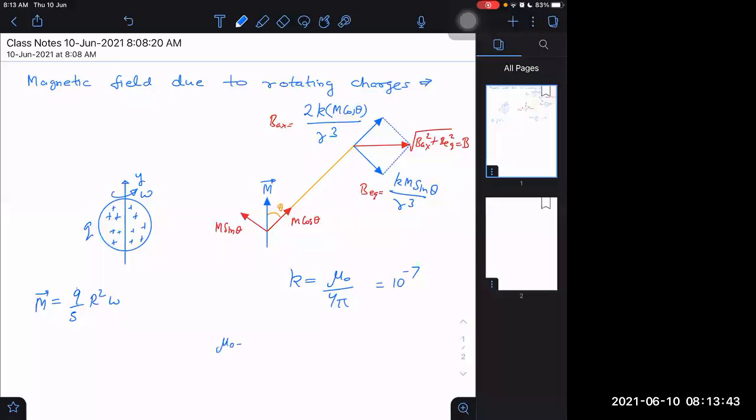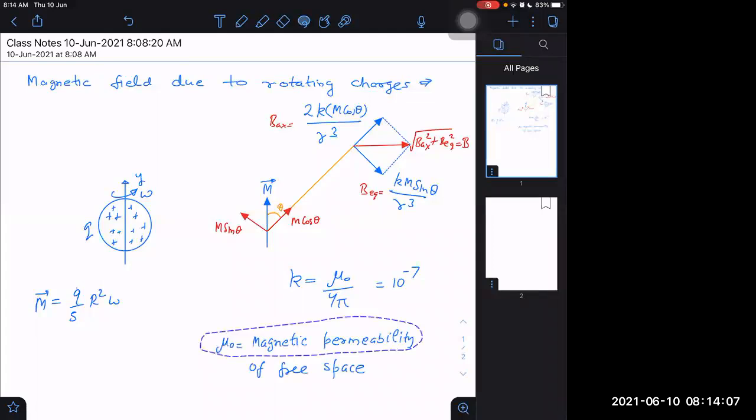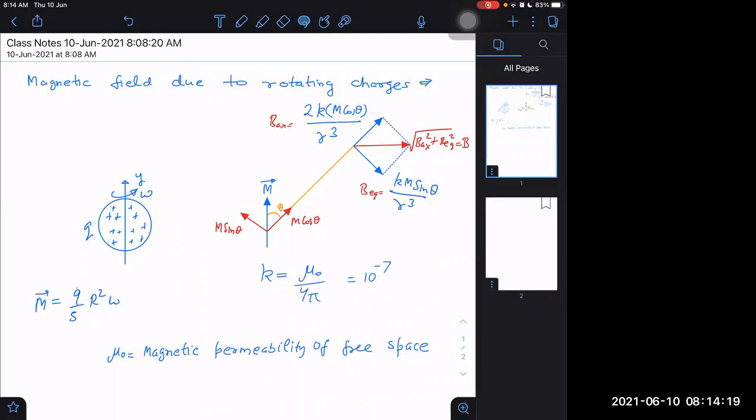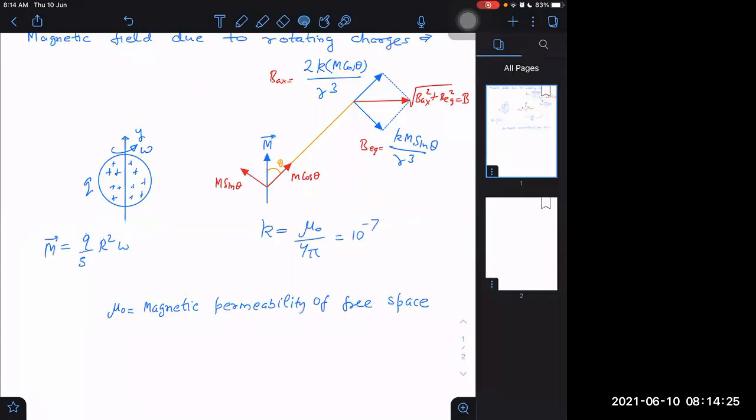If you want to know its name, it is called the magnetic permeability of free space. It is similar to epsilon naught. Epsilon naught tells us about electrical permittivity. Epsilon naught gives us an idea of how many electric field lines can pass through a certain dielectric.